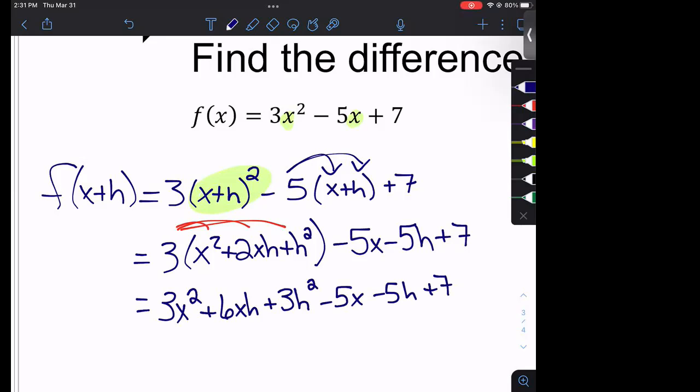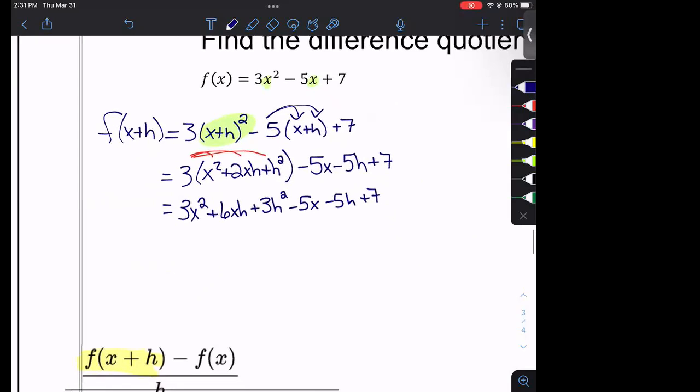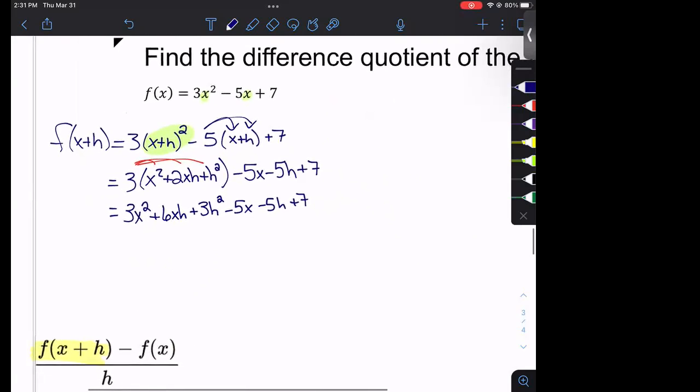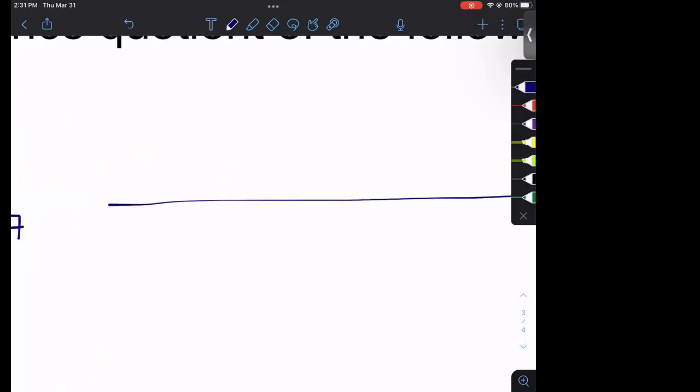Looks kind of intimidating because it is 6 terms, but so far we've done everything correctly. That is f of x plus h. So now we still need to do this part over here. So we need to take what we just got, subtract f of x from it, and then divide it all by h. So I'm going to jump over here to the side, and we're going to do that right here.